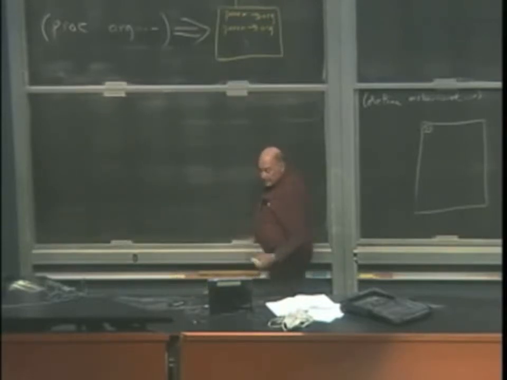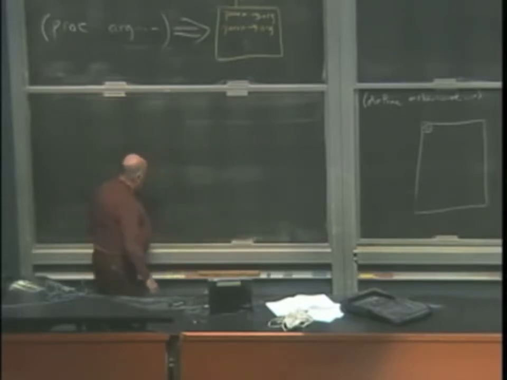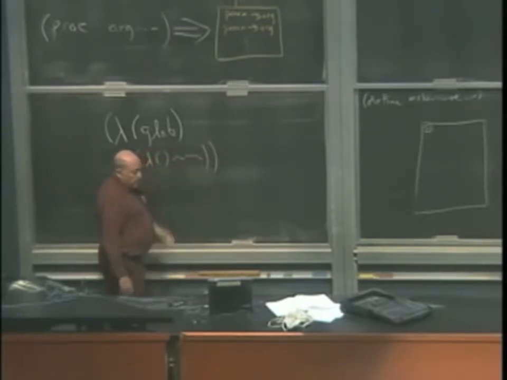Now, that let that's on the screen is actually a lambda expression. So it's lambda of glob. And then the body of the lambda is the body of the let, which is lambda nothing, blah, blah, blah. OK, the whole rest of it.